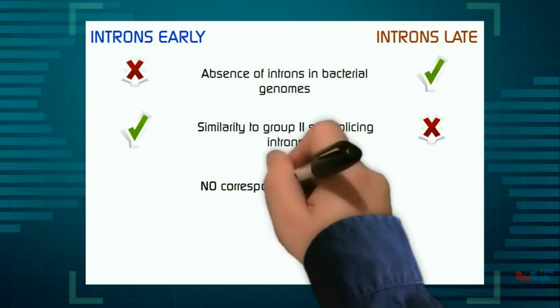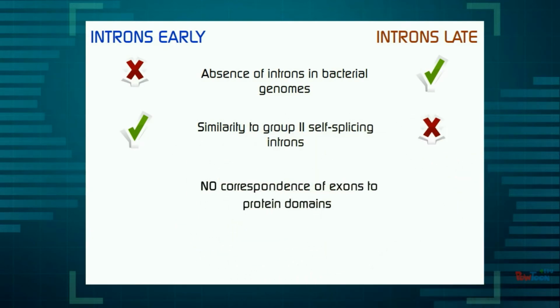However, in modern eukaryotic genes, there is no correlation between protein domains and exons, which is what you would expect under an introns early scenario. So it is unlikely that introns played a role in determining the combinations of domains that we find in today's proteins.